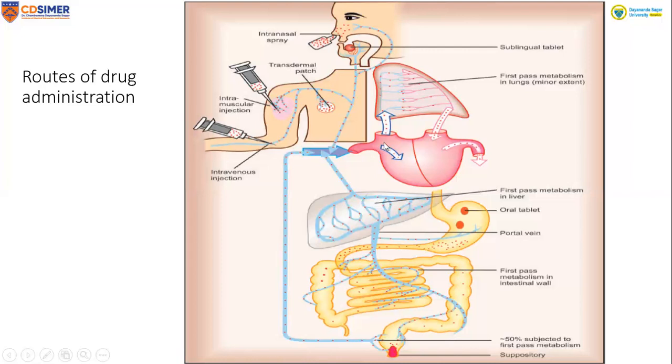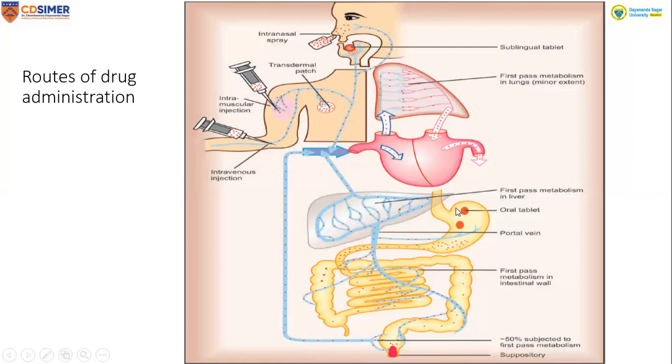In the oral route, once the drug comes into the stomach, then it will get absorbed, and also in the duodenum, small intestine; majority of the drug is absorbed in the small intestine. Then you can see here there is something called first pass metabolism.